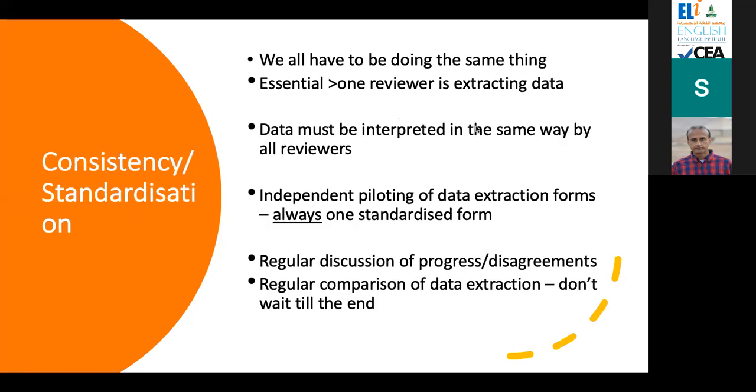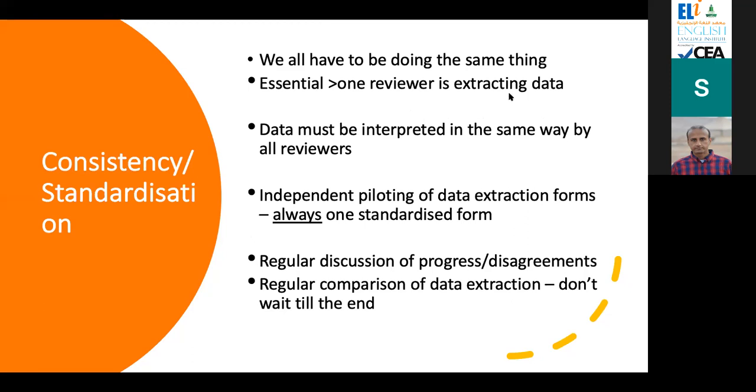Standardization and then consistency: we will all have to be doing the same thing. For example, if three, four researchers, or maybe more than that, are busy, all should have the same focus.